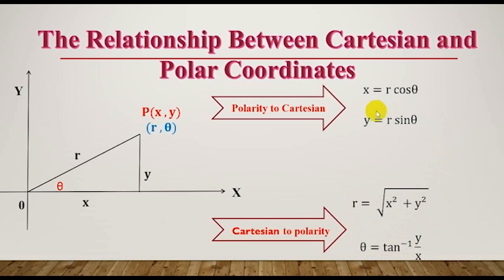So this is the relation you have. Then if I give you a problem where we need to change the coordinates from Cartesian, you go to this form. And if I wanted to change the polar coordinates to x and y, you will get this form.